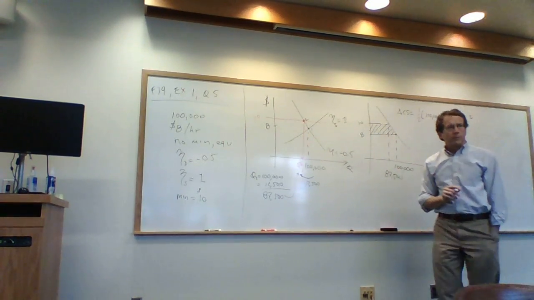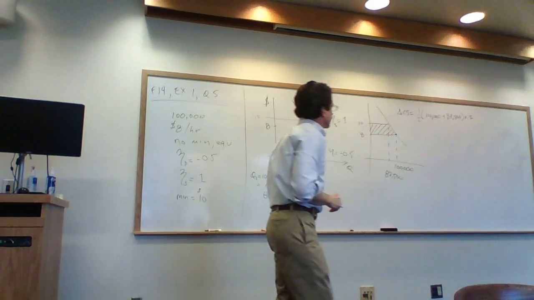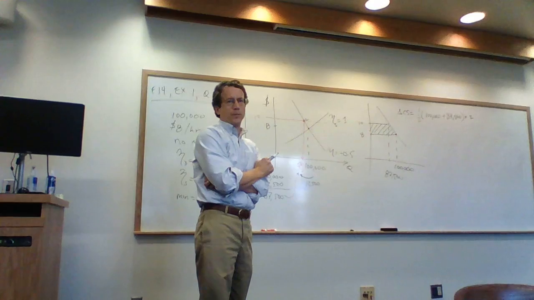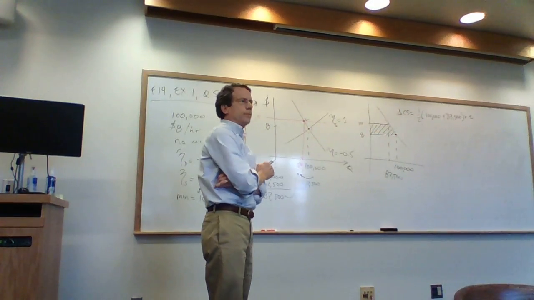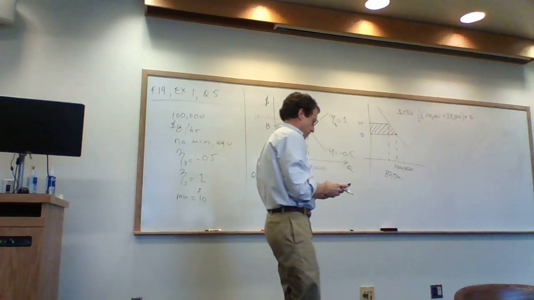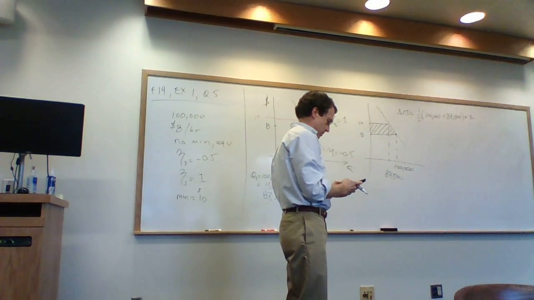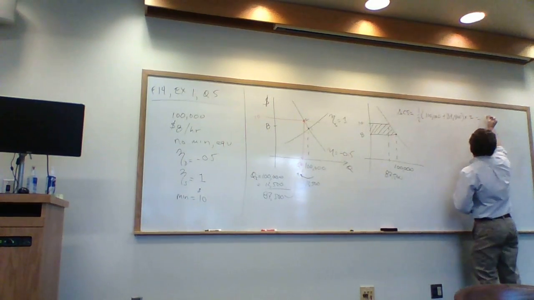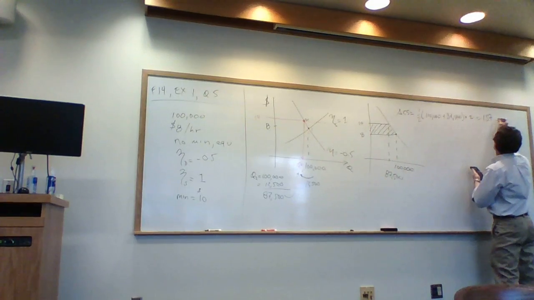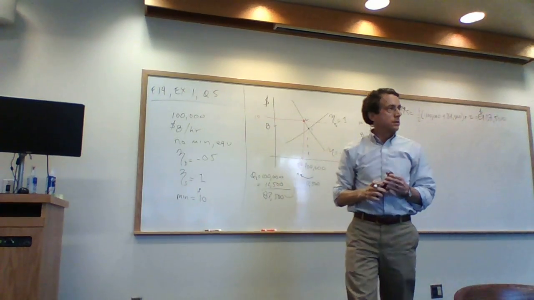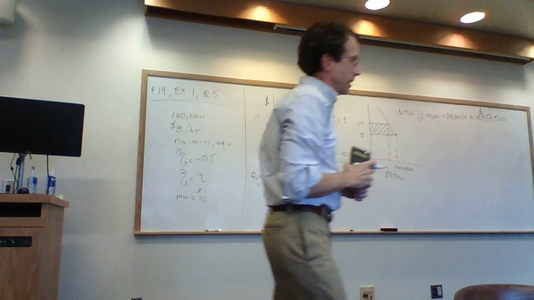To calculate it out, you just deploy the trapezoid formula, and that will give you the number, which I can calculate. And that's a loss, because price went up, money went down.